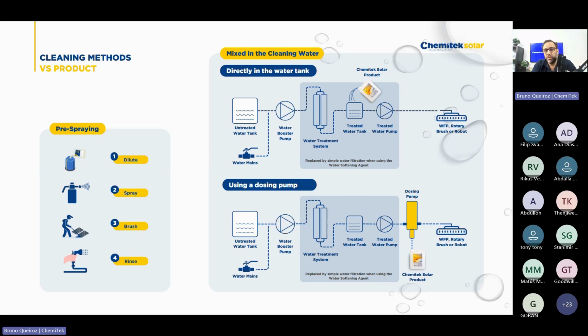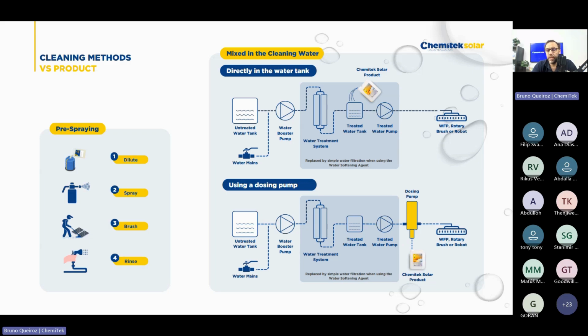The other way is mixed in the cleaning water, where you add the product directly into the water tank, or use a dosing pump to mix the product in real time and send it to the robot, the rotary brush, or any other type of cleaning equipment. It depends on the scale you are using the product at, and the cleaning method also.